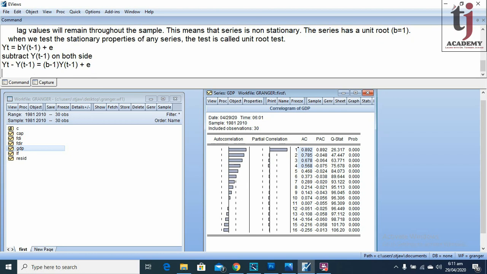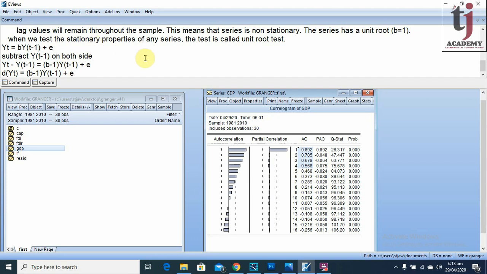Now this shows the difference: d yt is equal to b minus 1 times yt minus 1 plus error term.